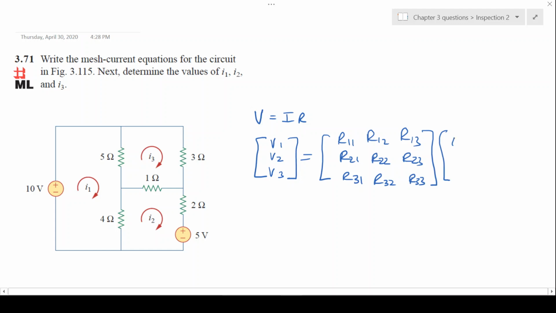And the current will be I1, I2, and I3, and these are the currents that we're looking for.